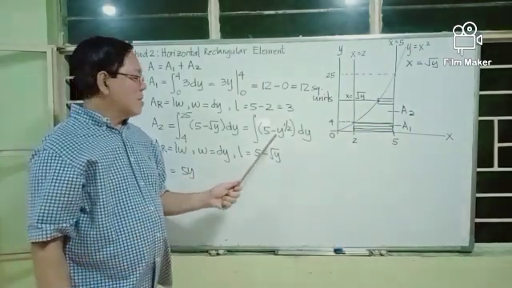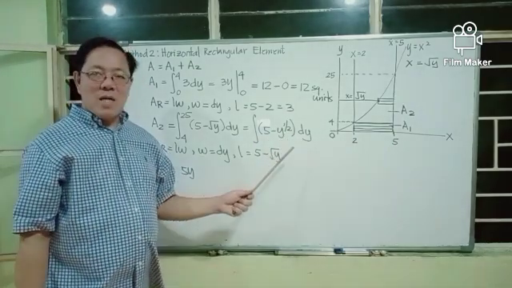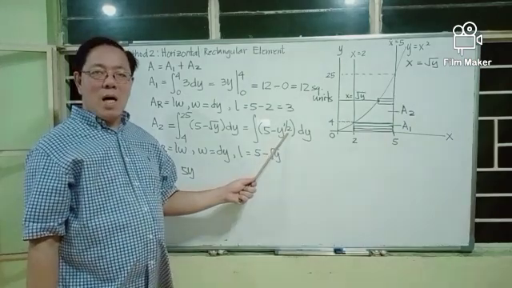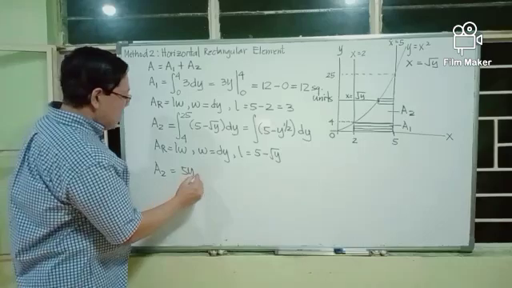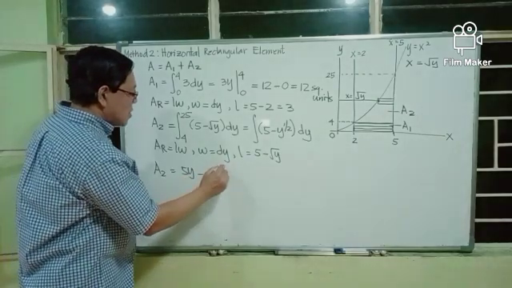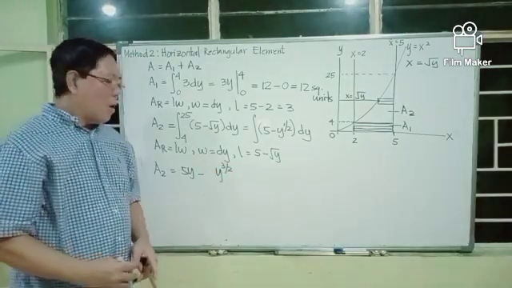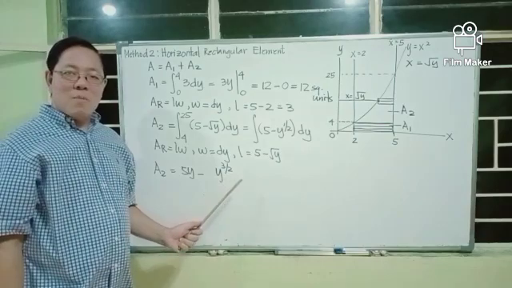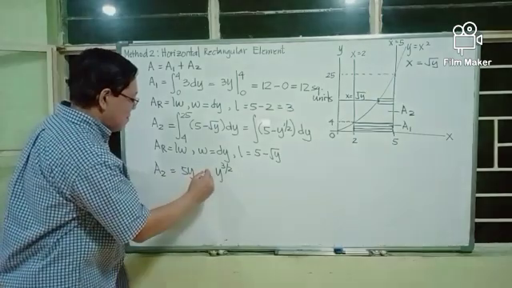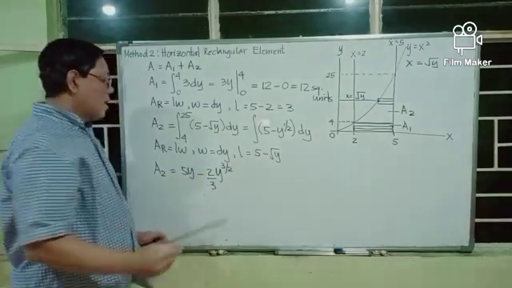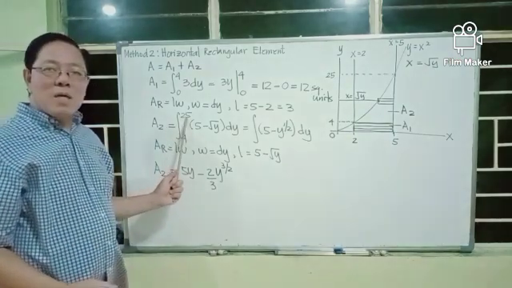And we integrate minus the integral of y raised to 1/2 with respect to y. We apply the power rule. We add 1 to 1/2; 1/2 plus 1 is 3/2. Minus y raised to 3/2, divided by 3/2, or multiply y raised to 3/2 by the reciprocal of 3/2, you get 2/3. And it is this expression that we evaluate from y is 4 to y equals 25.